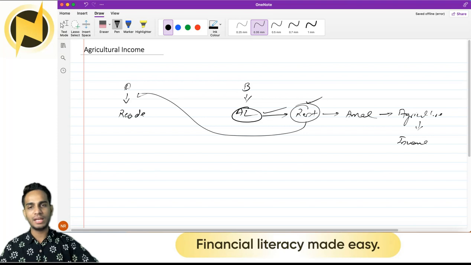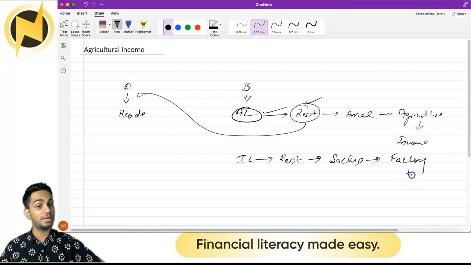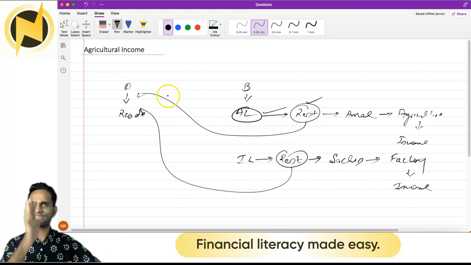See, if this had been any other kind of land, say an industrial land, IL in short, and I rent it out to another person, say Sachin, who conducts a factory there and is making good income, this income, if paid to me, I will have to pay tax on because it's not considered agricultural income.